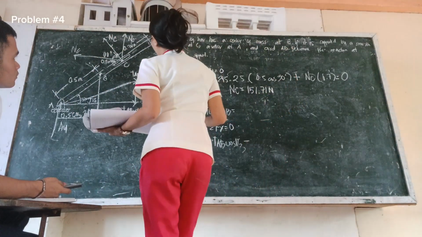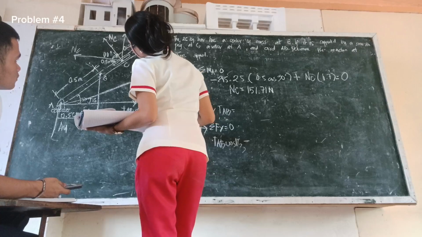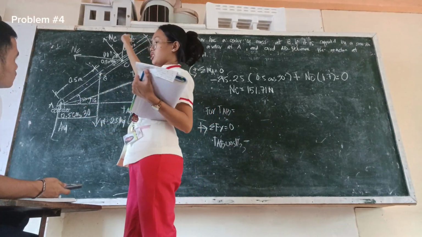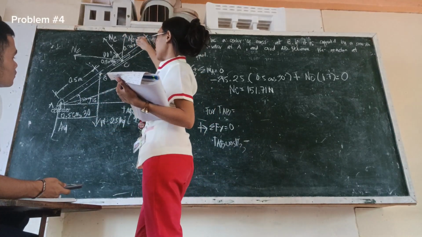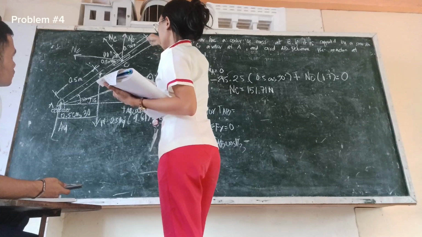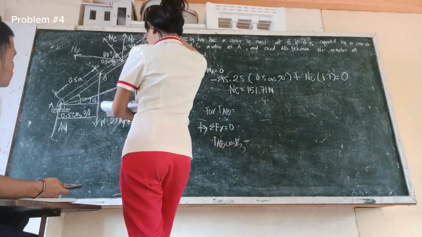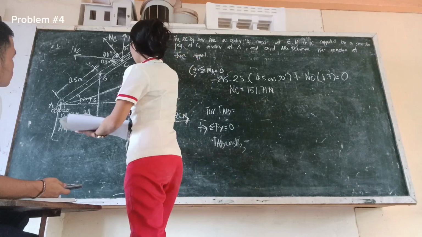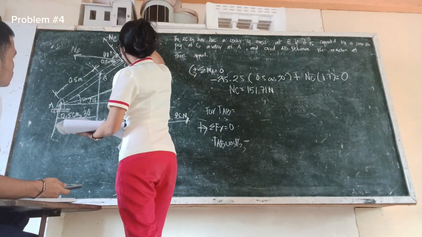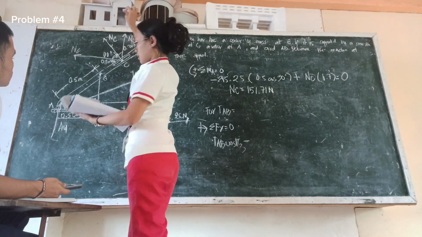In the vertical direction, NC is NC sine 60.